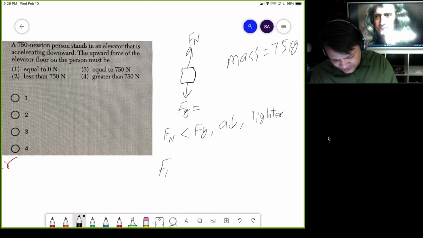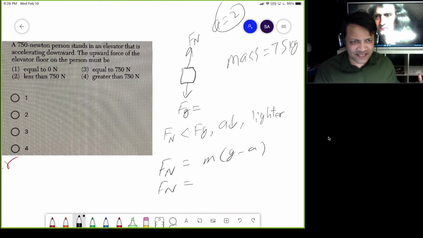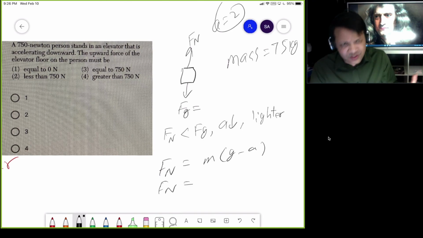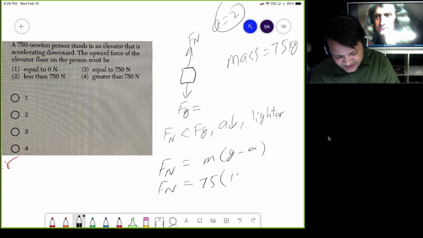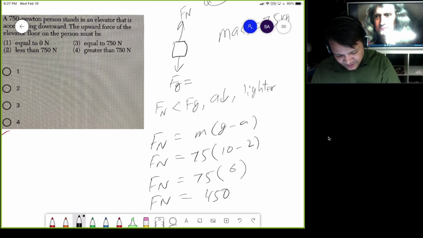So Fn equals m(g minus a). Let's say a is 2. We have been letting a be 2 from the beginning, but you can let a be 3 or 4 or 5 and it will still give you the same answer. So mass is 75, and g minus a is 10 minus 2, which is 8, so Fn is 75 times 6... so Fn is 450 Newton.